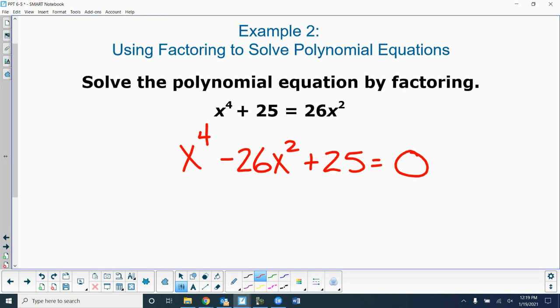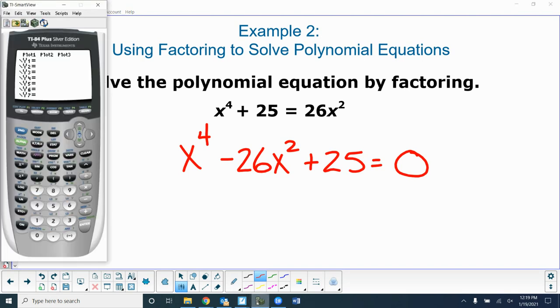Okay? So you go to your y equals and put it in. So here's your x. You guys should be getting familiar where to find it. Okay? Use caret for exponents, 4. And then minus 26x. Now you can use caret 2, or there is a square button right here on the left side there.